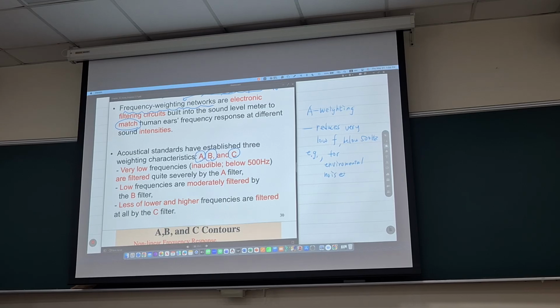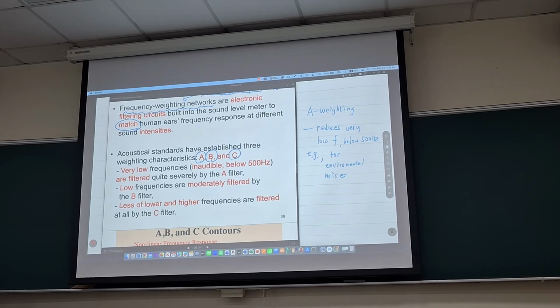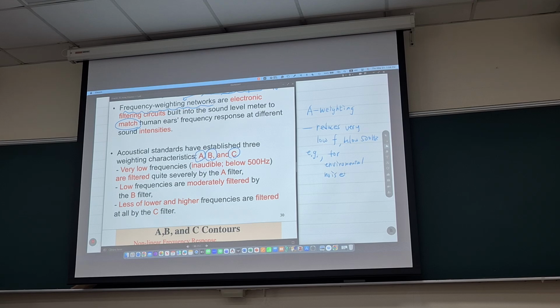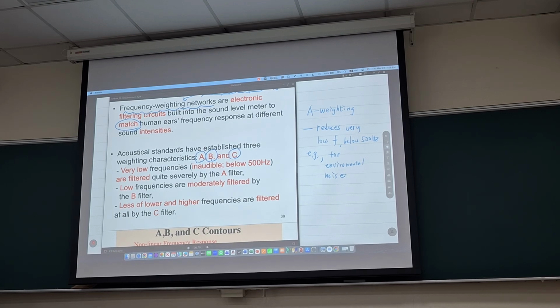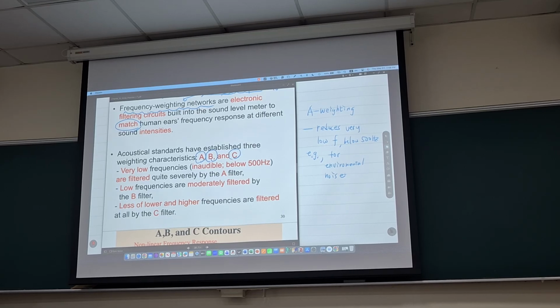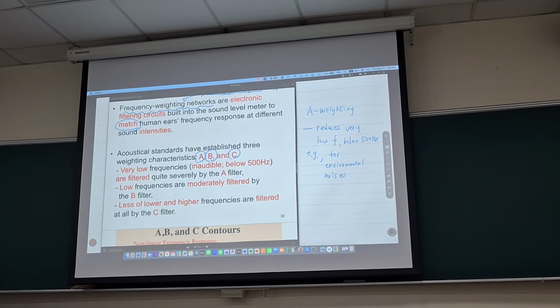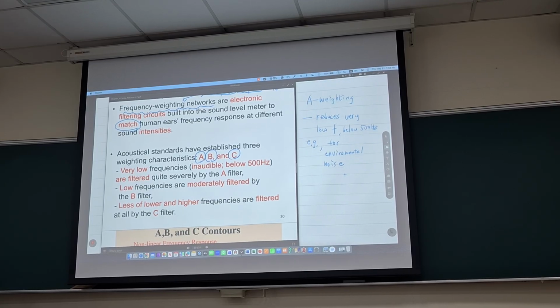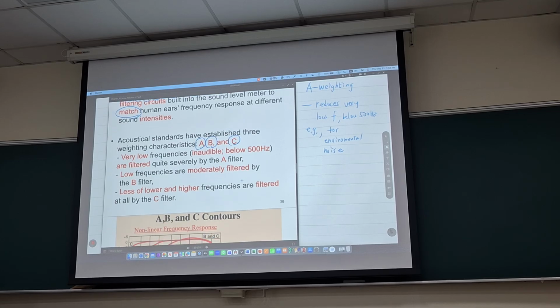So for very low frequency, you can use the A filter, which strongly reduces very low frequency, especially below 500 hertz. Very commonly used for environmental noise. That's the A filter.